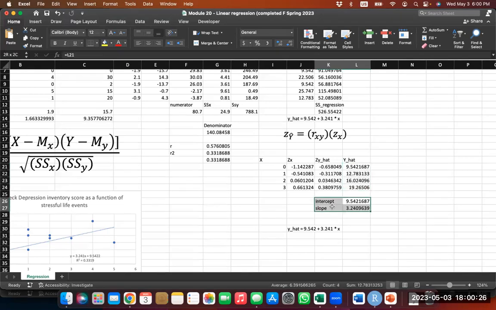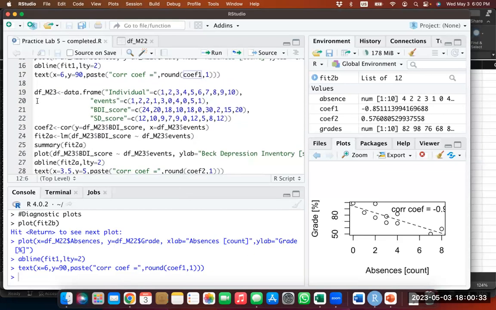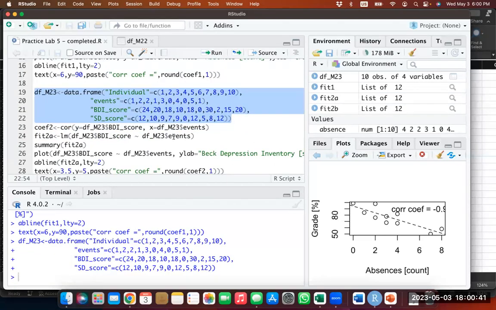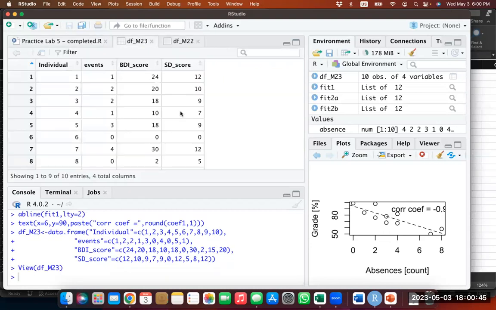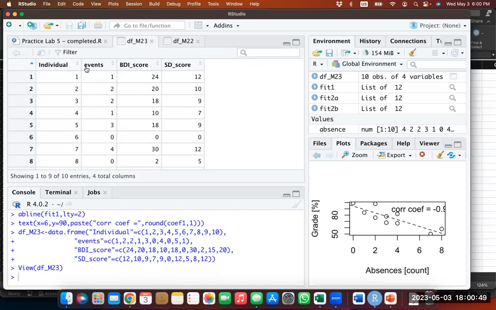So we have calculated the slope here, and we can reproduce this in R by running df_m23 on line 19. That basically allows us to look at the same data we have in Excel. So that's our 10 entries that show each individual.